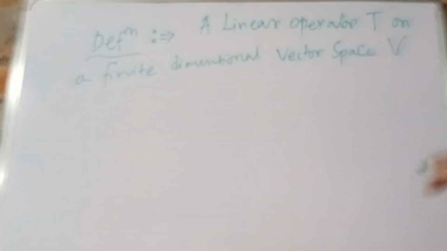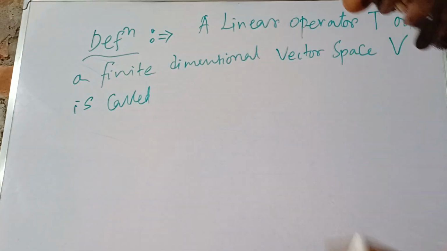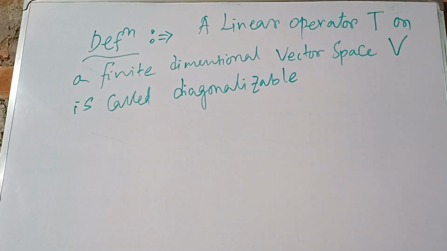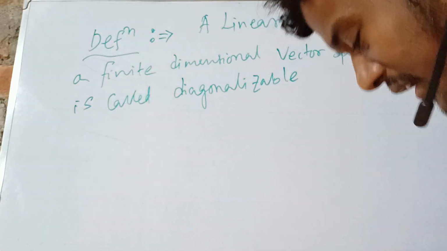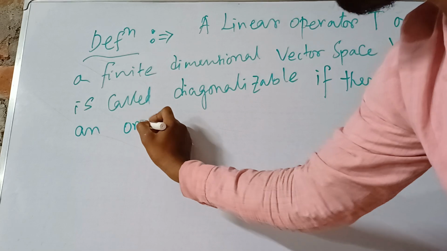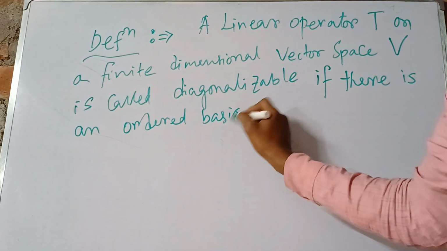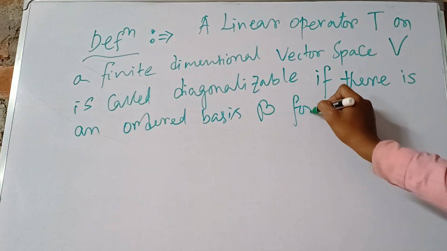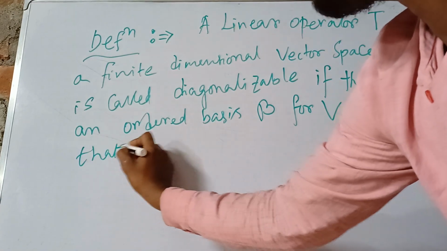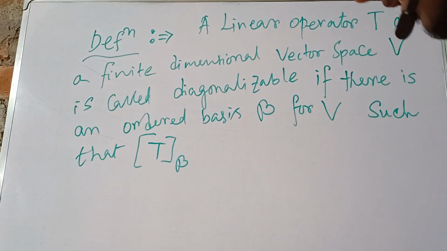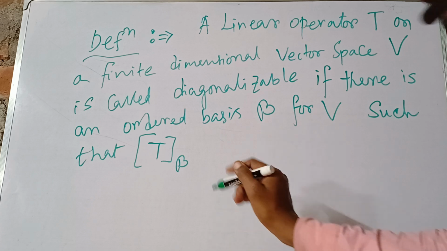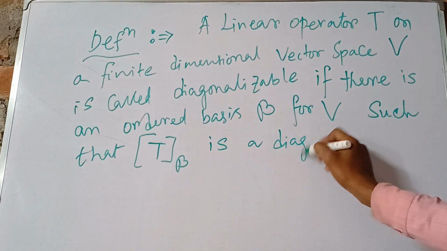So it's called diagonalizable. That means a linear operator is called diagonalizable if there is an ordered basis beta for this vector space V such that T with respect to this beta, that means this operator with respect to this ordered basis, is a diagonal matrix.